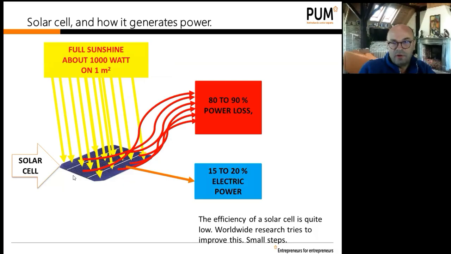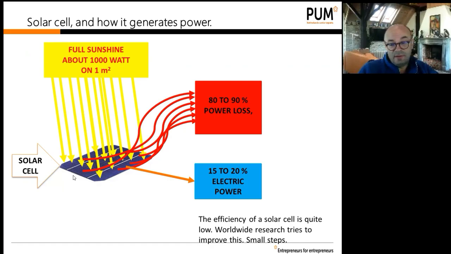The system can't do anything with it. The solar cell is not able to convert that into power, but 15 until 20%, sometimes a little bit more, it converts into electric power. And this is what the solar cell does. That's what you catch and you put it in the battery and you can use it.